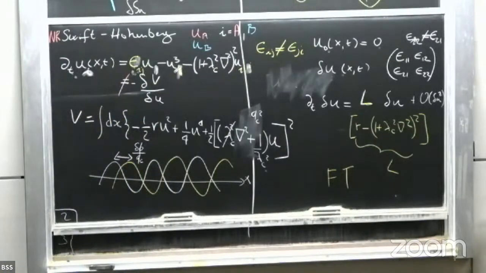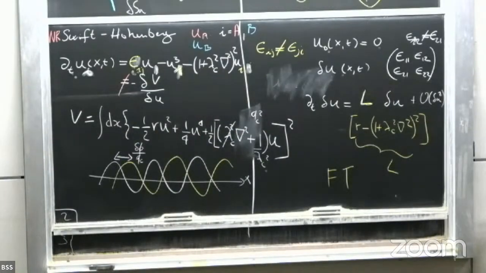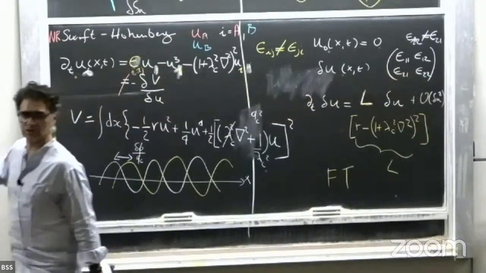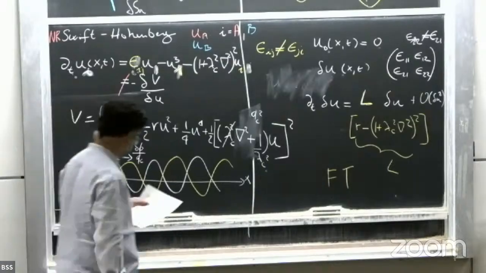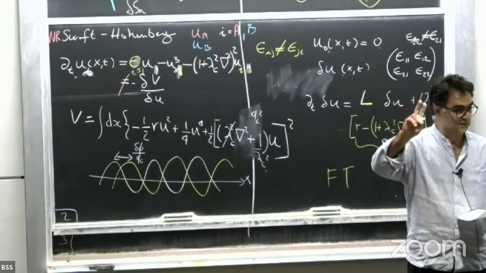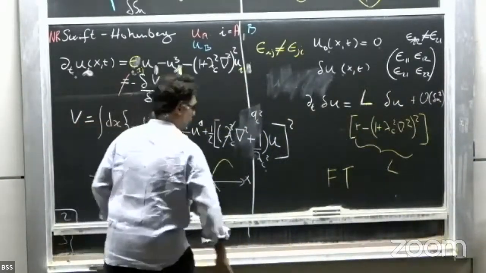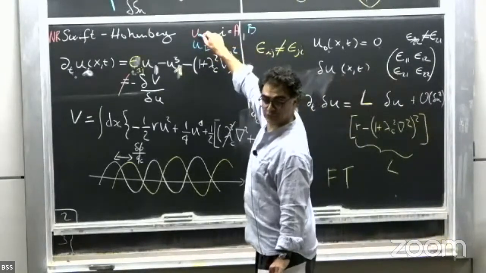Okay? So why am I doing all of this song and dance? It's because it's very useful to analyze the system of equations, and as a matter of fact, even the original dynamical system, in terms of amplitude equations. So what you have to do now is write down two amplitude equations, okay? One for UA and one for UB.